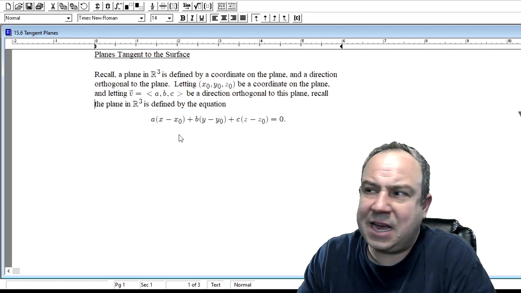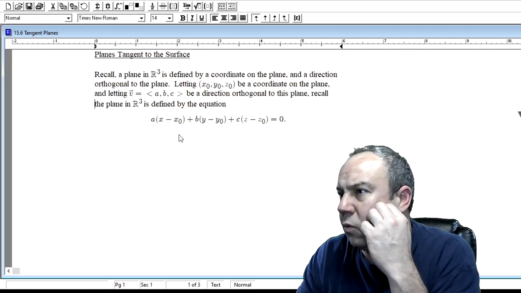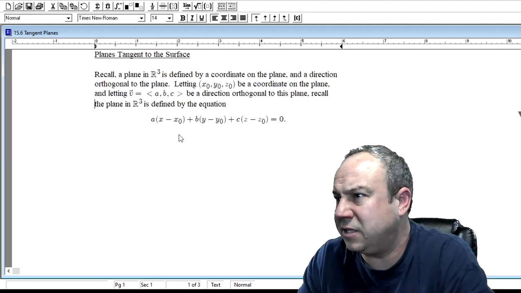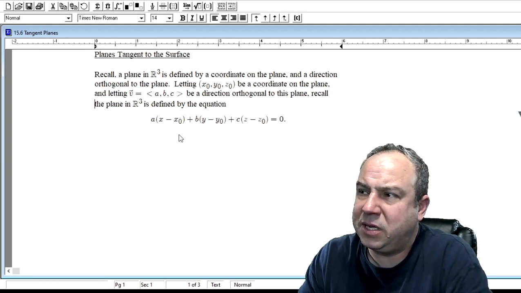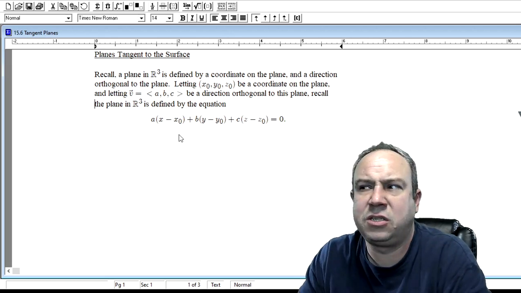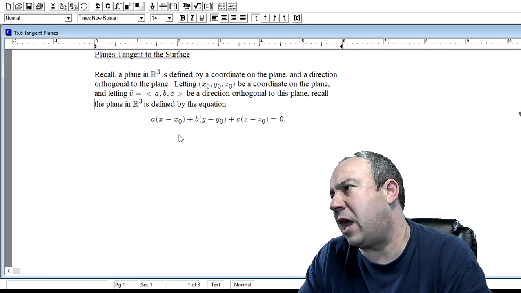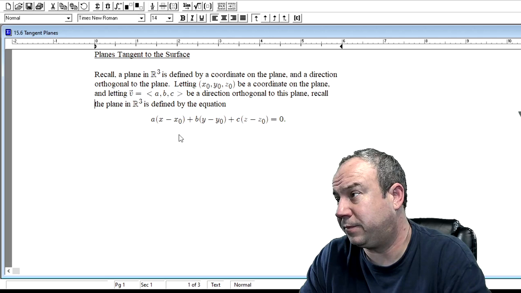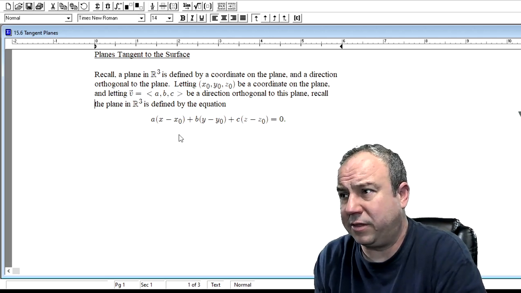That surface does not necessarily have to be functional in behavior. So when I set this up, I set it up initially for planes tangent to surfaces as opposed to planes tangent to multivariable functions, because the case for a multivariable function is really just a special case. This technique actually works for any three-dimensional surface. That is what we should take note of to begin with.